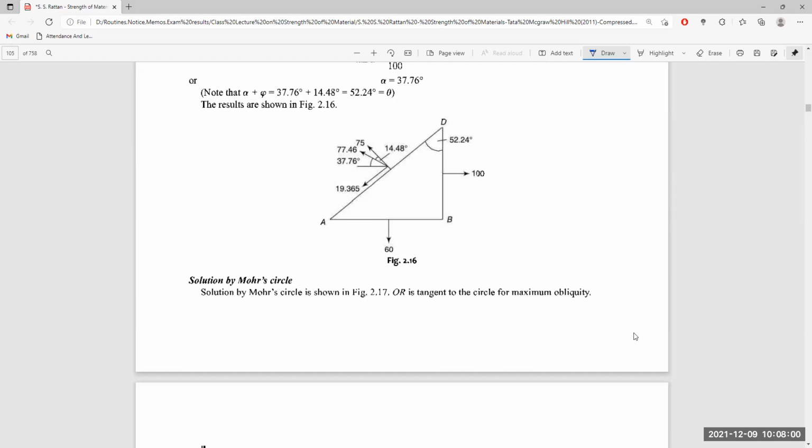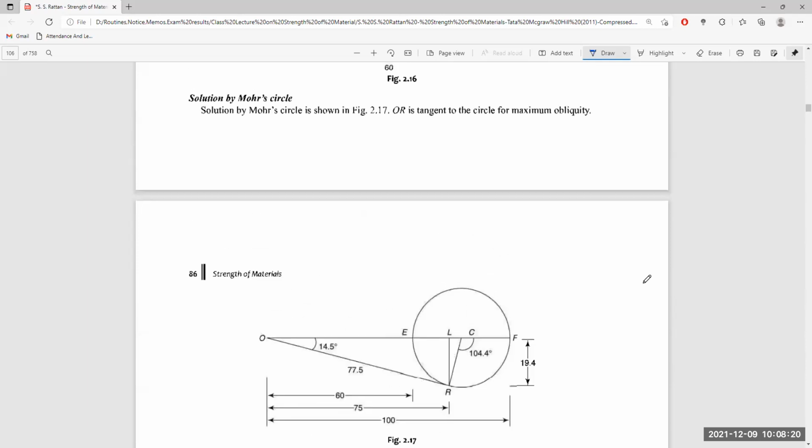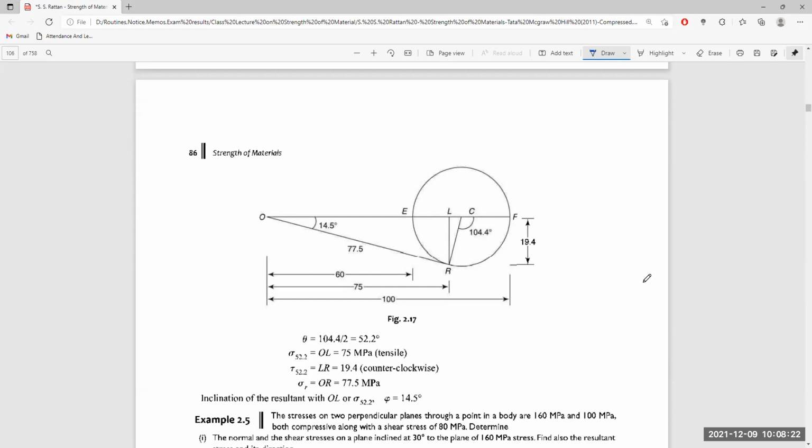Over it, 100 MPa tensile is acting, and the stress acting normal to it is 60, which is given, and we have calculated that 52.5 is also known to us. But let us see how we can calculate the stress.